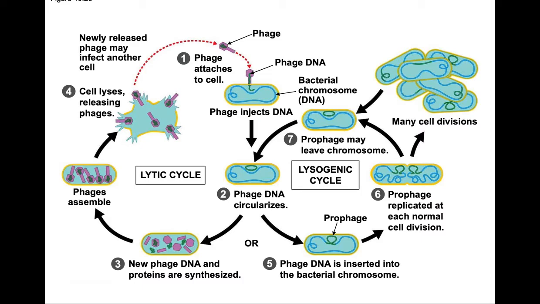So it has a stage where it actually makes more and more viruses until it pops the bacteria and releases the virus. On the right-hand side, you see that it's allowing it to make more bacteria. But it's making more bacteria containing what? Containing more of the machinery and the genetic code of the virus. Page 187.